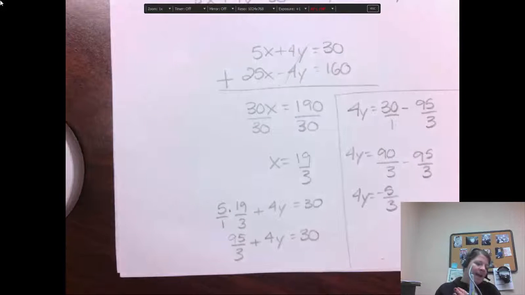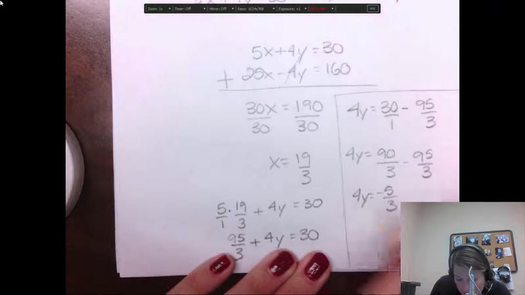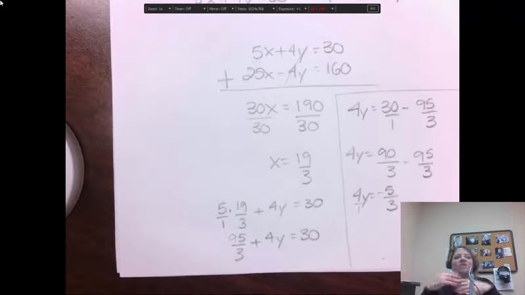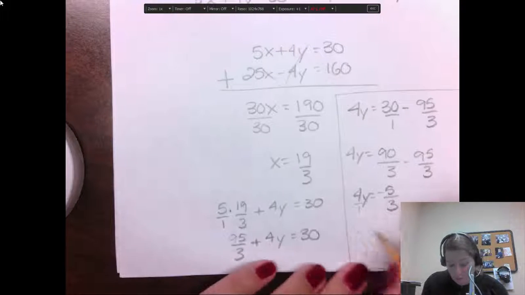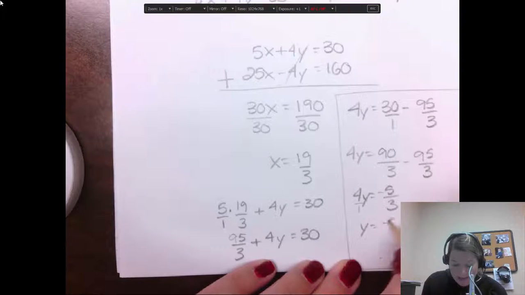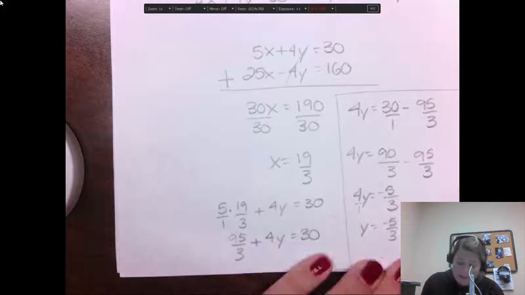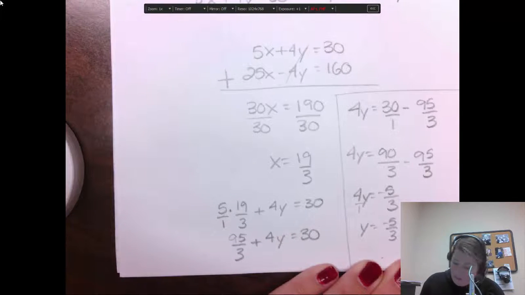So I have 4y equals negative 5 thirds. Now remember that you have to divide this over. Think of it as a fraction: you just flip it and multiply. That's what division is with a fraction. So y is going to equal negative 5 thirds times 1/4. And that's going to equal negative 5 over 12.